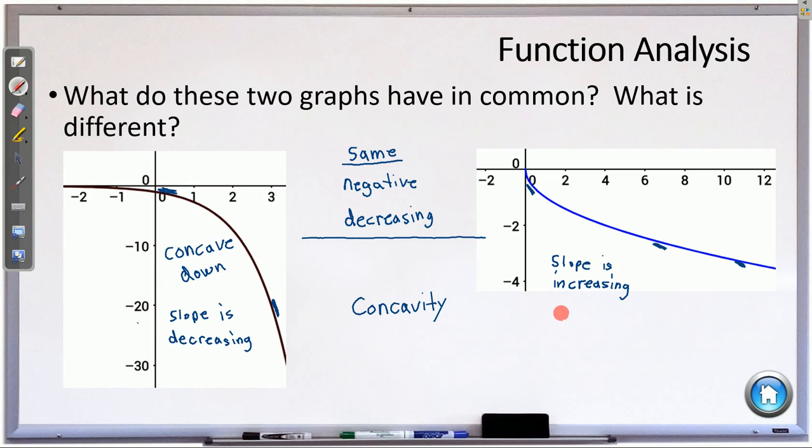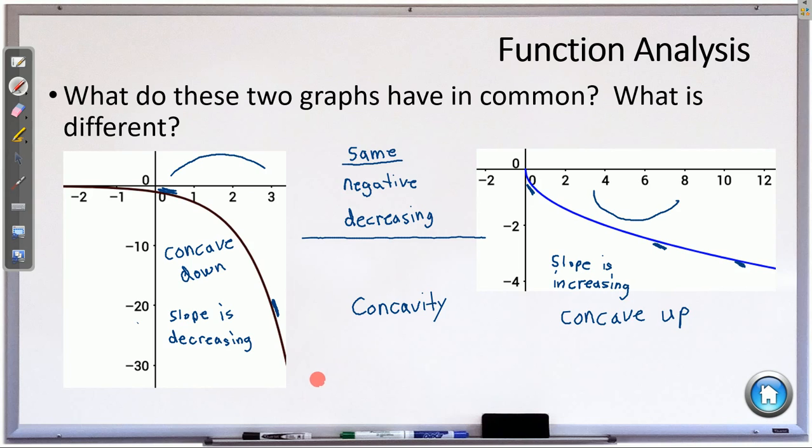And this one over here is concave up. The cave is facing up is the way we want to think about that one. So anything that looks kind of like this is concave up, and anything that looks somewhat like this in some way is concave down.